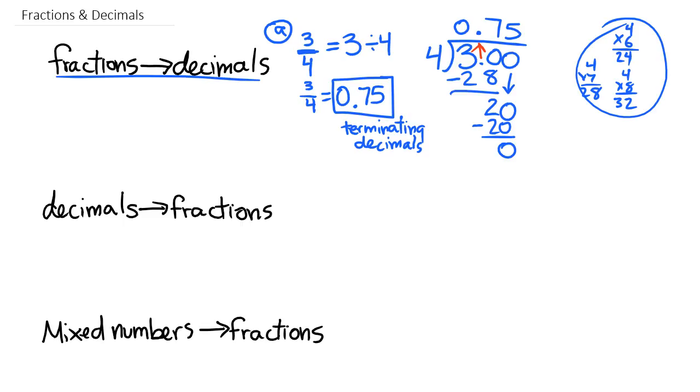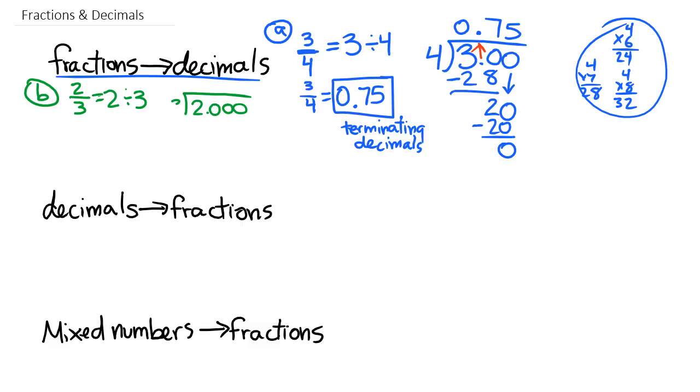Okay, let's take a look at another one. Let's take a look at 2/3. Again, we have something, a pie or whatever, broken up into 3 parts, and we have 2 of those 3 parts. So again, this says 2 divided by 3.